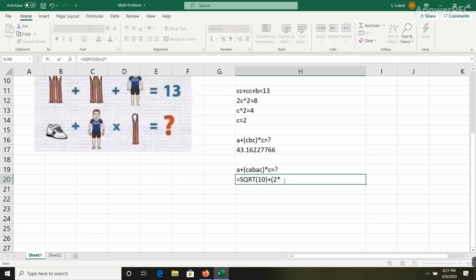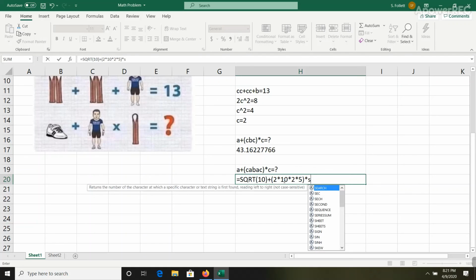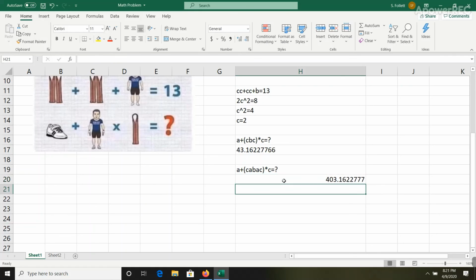So I'm going to combine these two and just put 10. That's A times A times, again, we got another C over here too, times the B, which is 5. And I'm just going to multiply that all again by the 2. Oops, the 2. Let's see what Excel gives us.